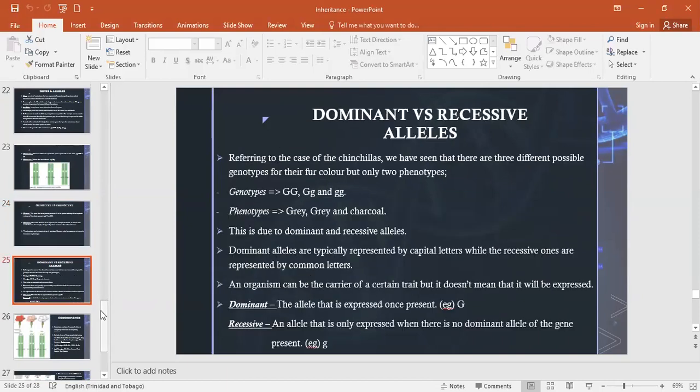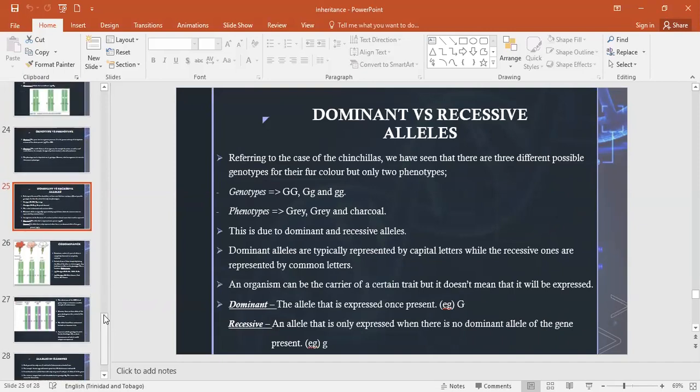All right, so we looked at dominant and recessive. While you can have a dominant characteristic, dominant meaning that the allele is dominant, that is what you can see. Now remember, when you have a dominant and a recessive coming together, as in capital and common, the common being the recessive allele could never take precedence over the capital, never.